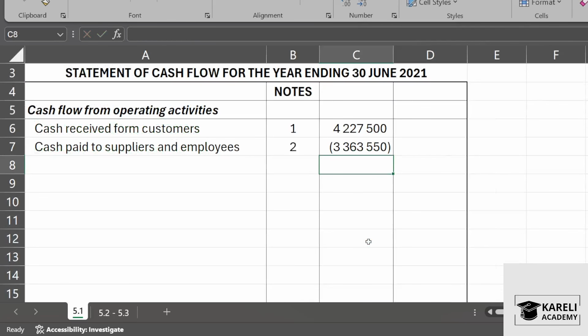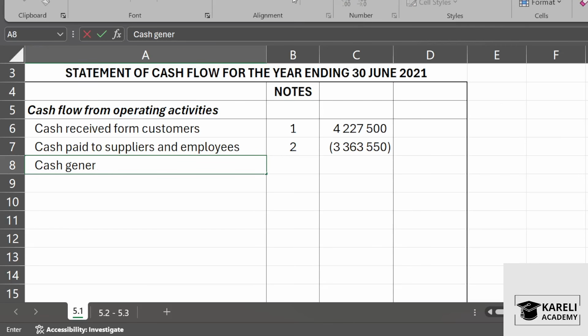Now you have your two amounts, and when you add them, they will be called cash generated from operations.